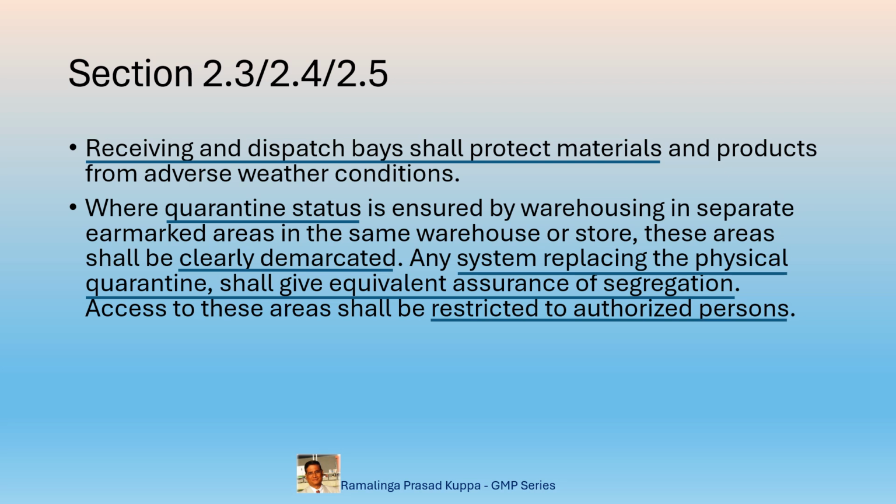For example, if the received material is in tons and in a large number of containers, it is unproductive and not practical to store them in quarantine when received and shift the entire consignment to the approved area after approval. There can be a floating quarantine and approved system.